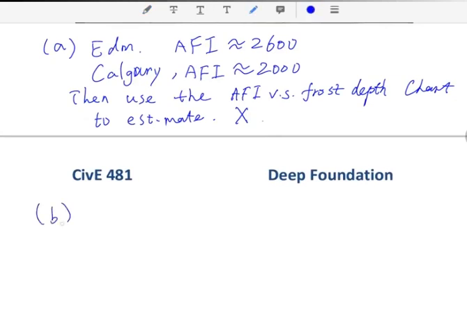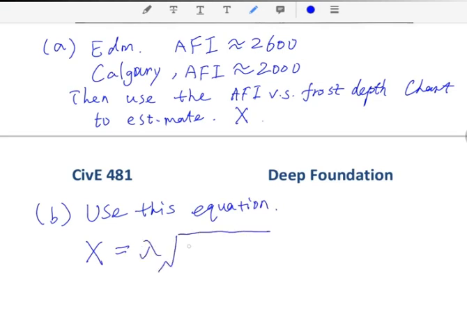Part B, use this equation: X equals lambda times 2 kf times Is over Ls to determine the frost depth.